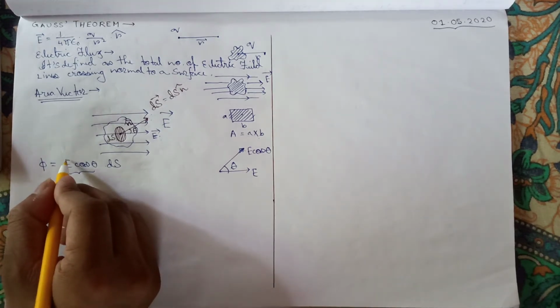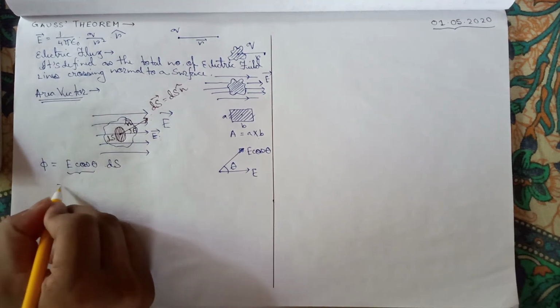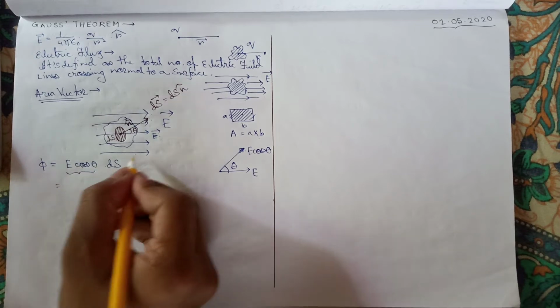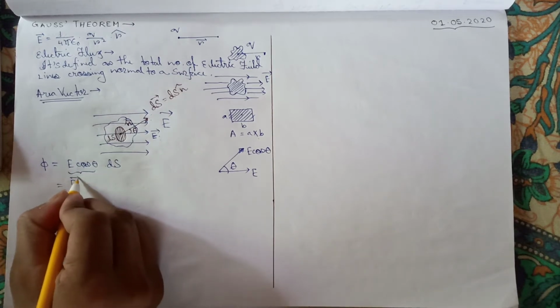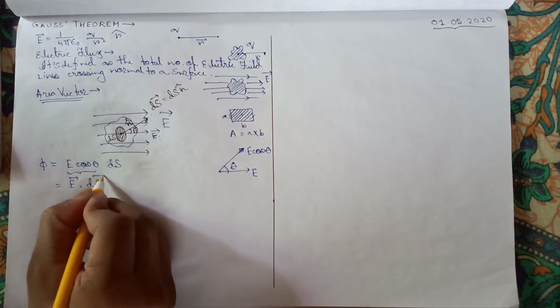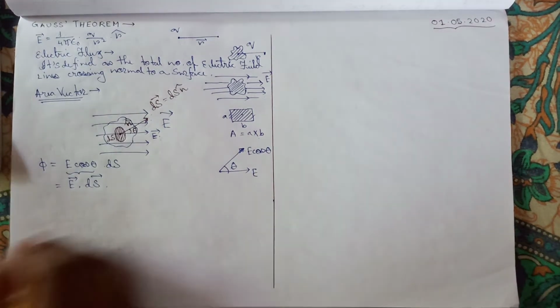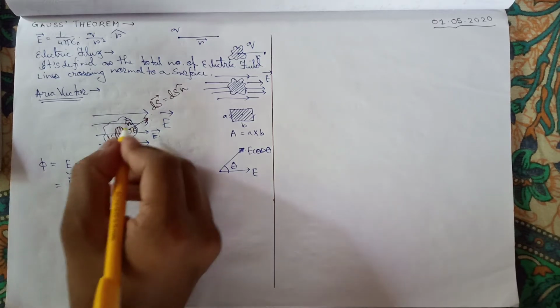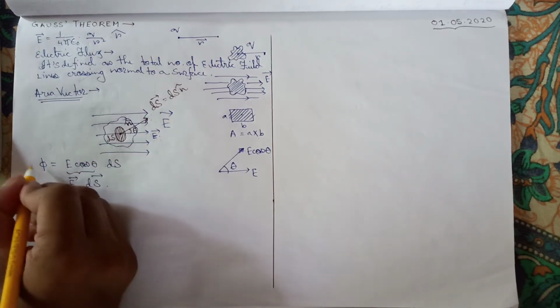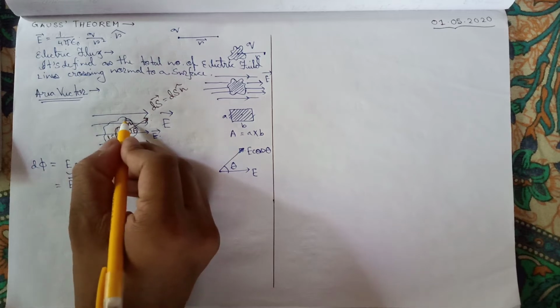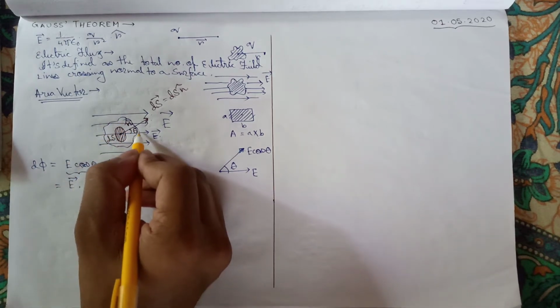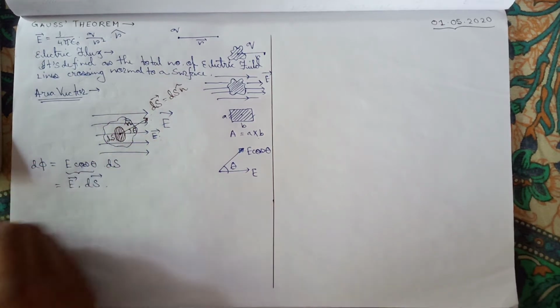And we know E is a vector quantity, ds is a vector quantity, and cos theta, theta is the angle between them, so it is the dot product of surface and electric field. Now it is for only ds, so it will be d phi. So what will be the electric flux for the entire area? It will be just the integral.